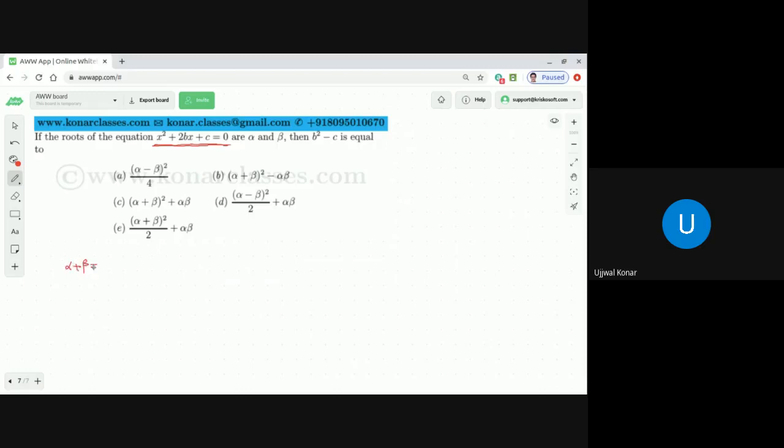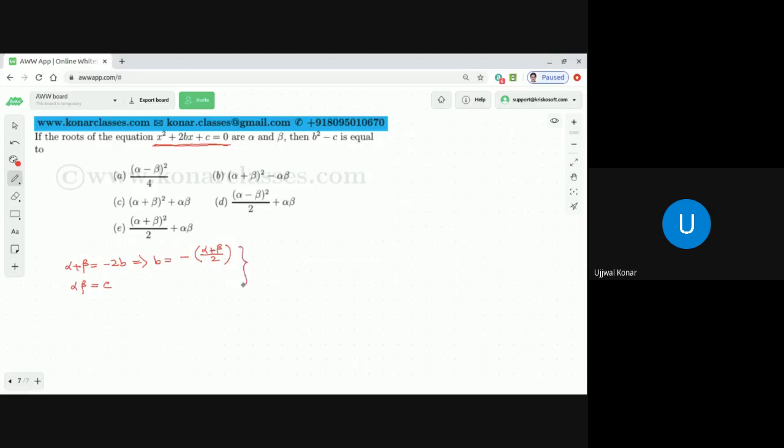Alpha plus beta is equal to minus 2b, and alpha into beta is equal to c. Now what we need to find? B square minus c. From alpha plus beta equal to minus 2b, we get b is equal to minus of alpha plus beta by 2, and c is given as alpha into beta.